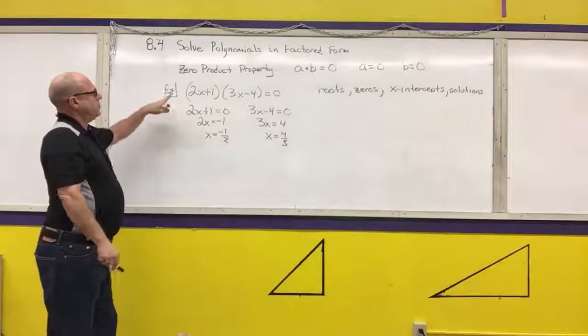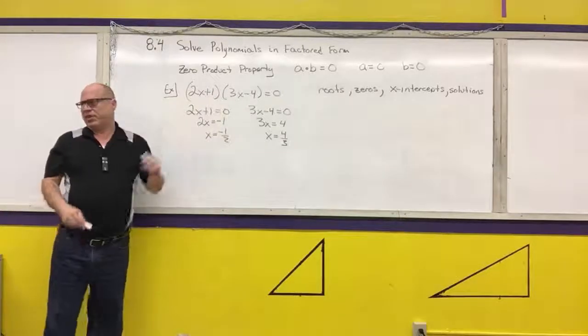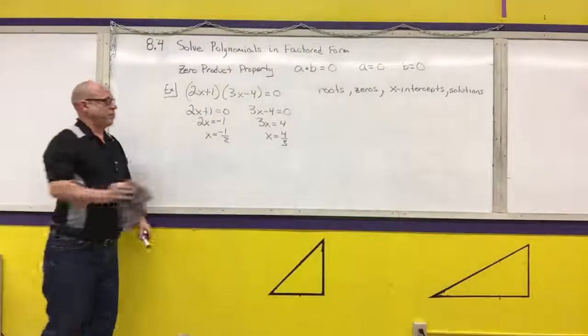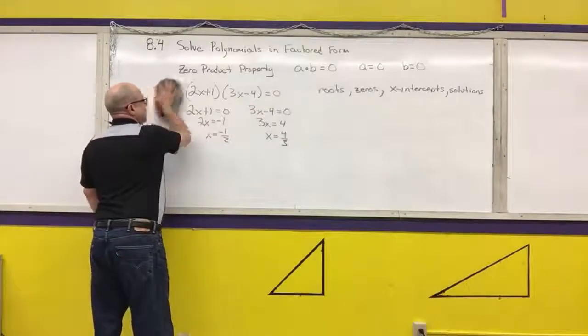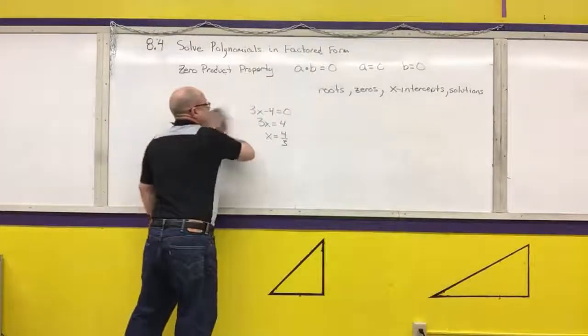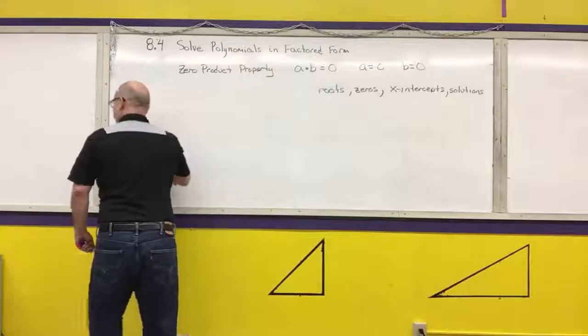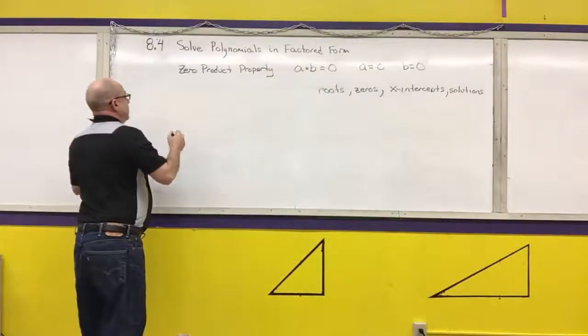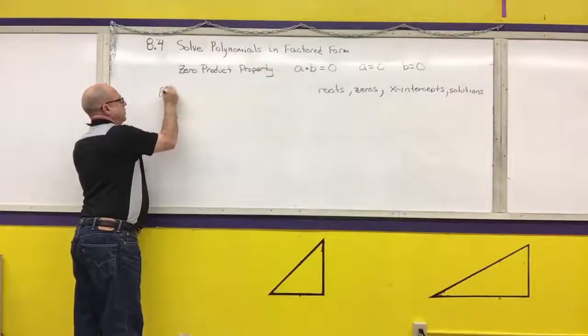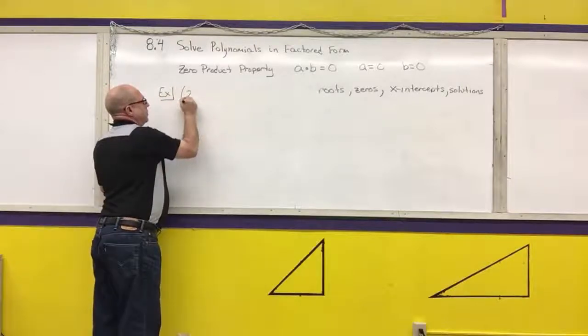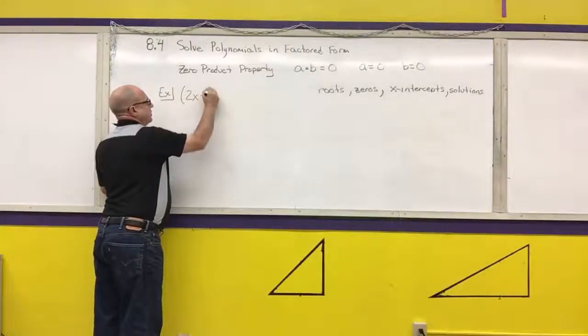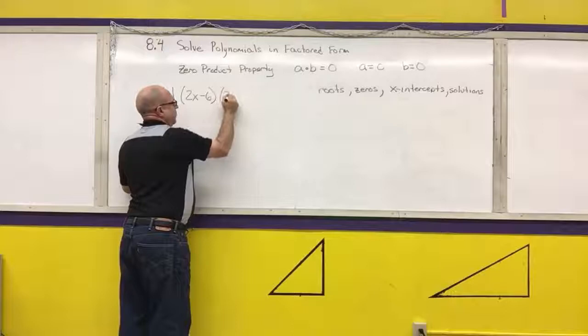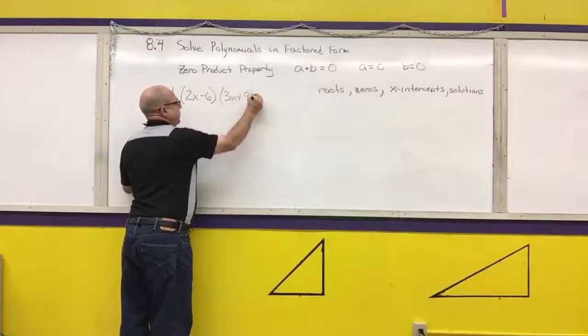Okay? So I'm going to do a couple more examples if it's already in factored form for you. 2x minus 6 times 3x plus 9 equals 0.